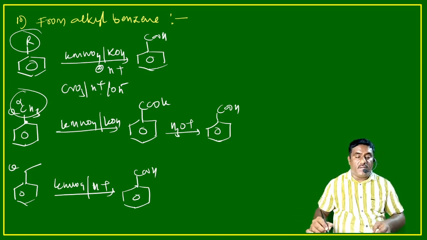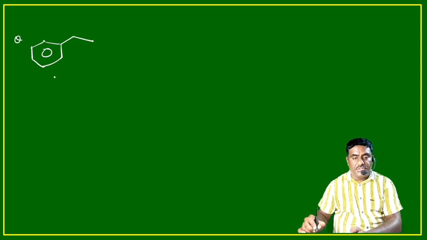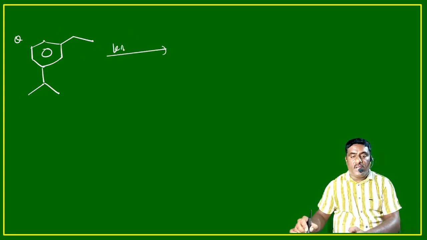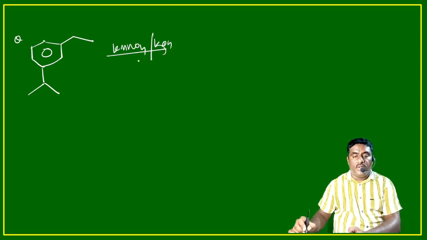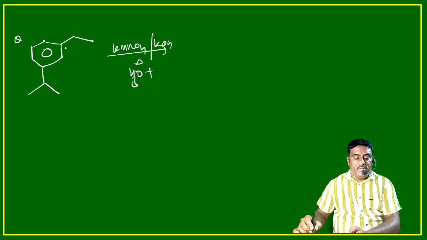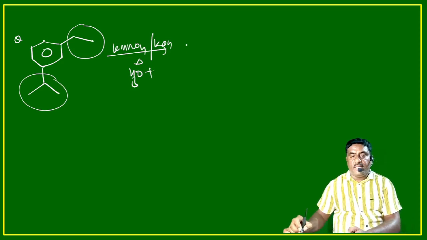Generally, I am taking one more example. Look at benzene with a C2H5 group, the ethyl group, in the presence of the same condition, KMnO4 with KOH, when heated. What happened? These groups are converted into carboxylic groups.